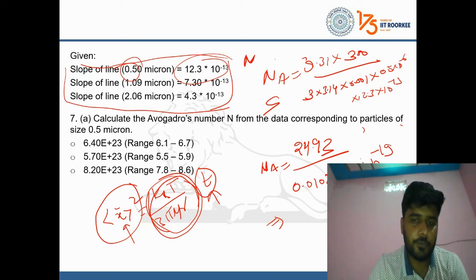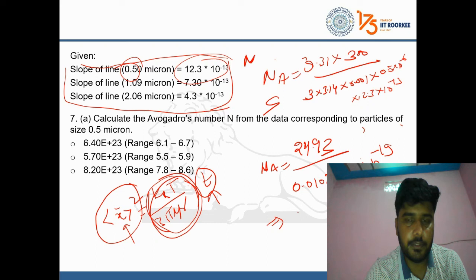So 2493 divided by 0.0108 gives 2.30833 times 10 raised to minus 19.